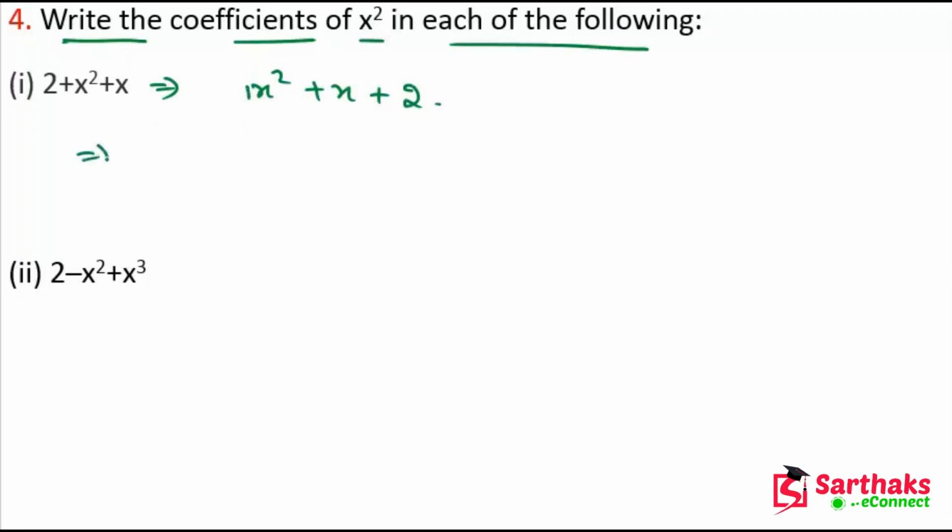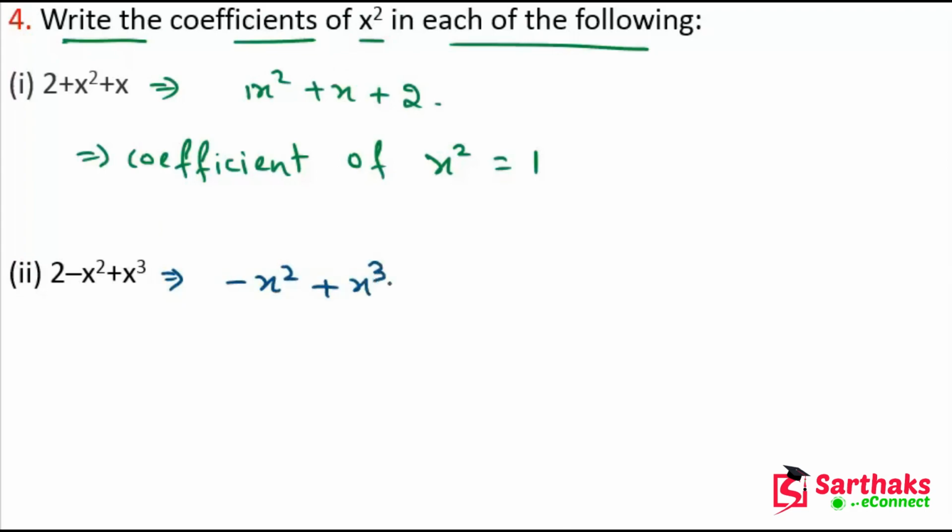So the coefficient of x square is equal to 1. Now in this case, here is minus x square plus x cube plus 2. Coefficient of x square is equal to minus 1, because here is a sign of minus.